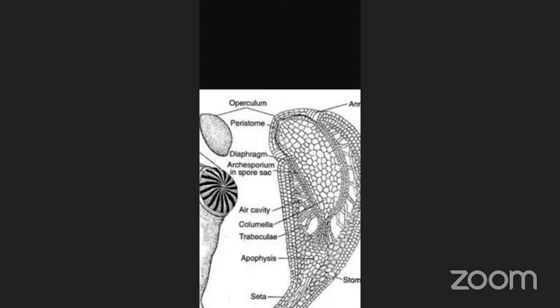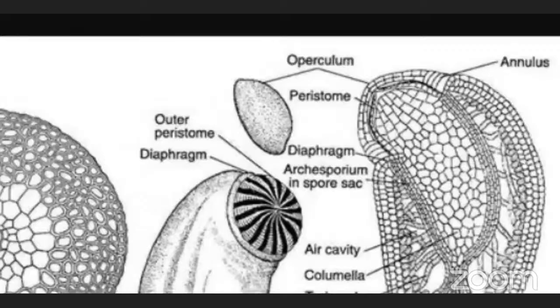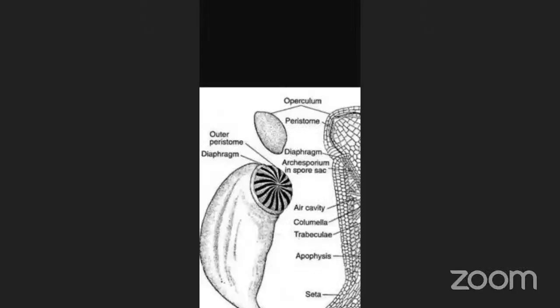The peristome has two rows of 16 incurved triangular teeth. The outer teeth are red in color and the inner ones are colorless. The inner teeth are shorter than the outer ones. Mainly these peristomes are involved in the dispersal of the spores, or dehiscence of the spores.